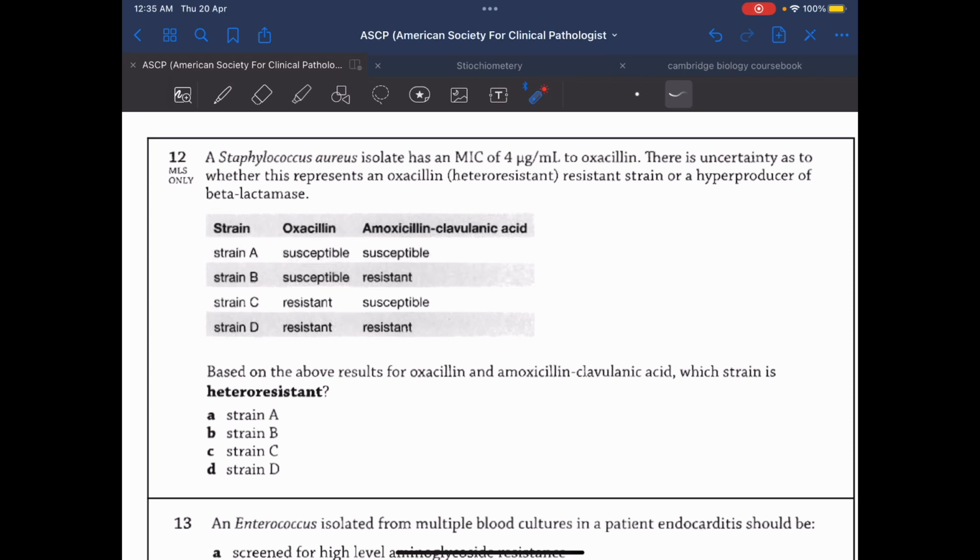A heteroresistant strain would be defined as a methicillin or oxacillin resistant Staph aureus. So an MRSA isolate would be reported as resistant to all beta-lactam agents, beta-lactam inhibitor combinations such as amoxicillin clavulanic acid, and carbapenems. So the correct answer is D, because the Staphylococcus aureus is resistant to both amoxicillin and oxacillin.